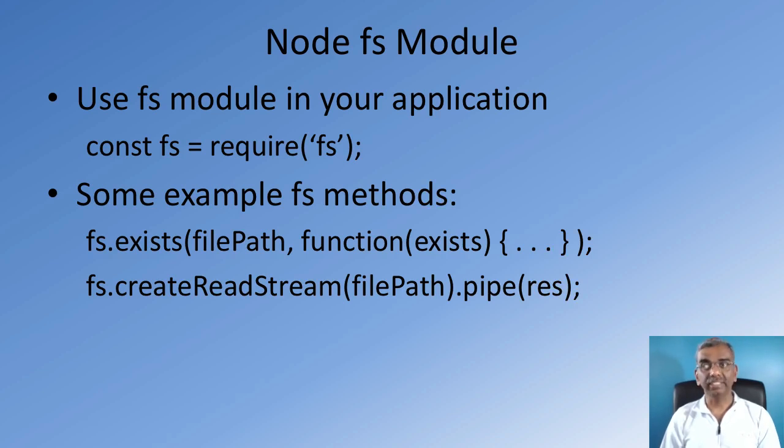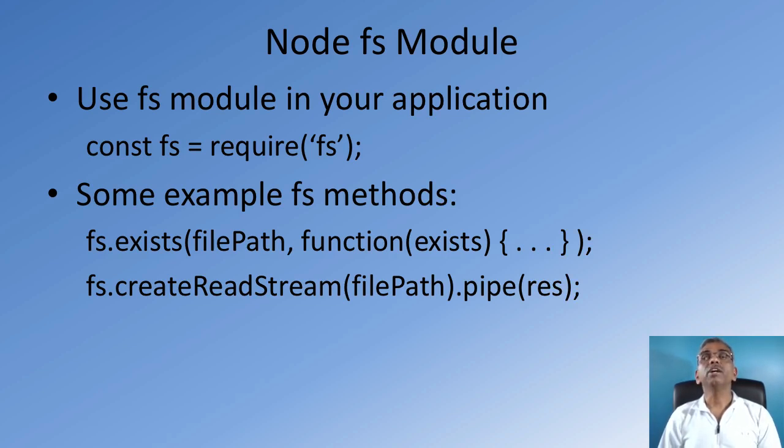So fs.exists will take the file path as the first parameter, and the second parameter is a callback function which will come back with a parameter which we can name exists. This parameter exists will be true if the file exists and will be false if the file does not exist within the local file system.